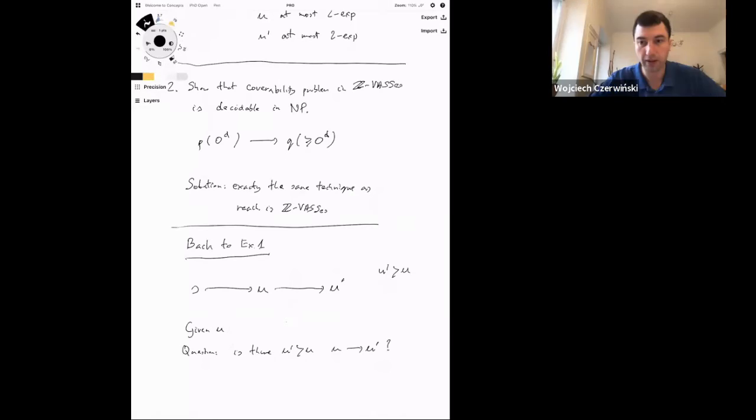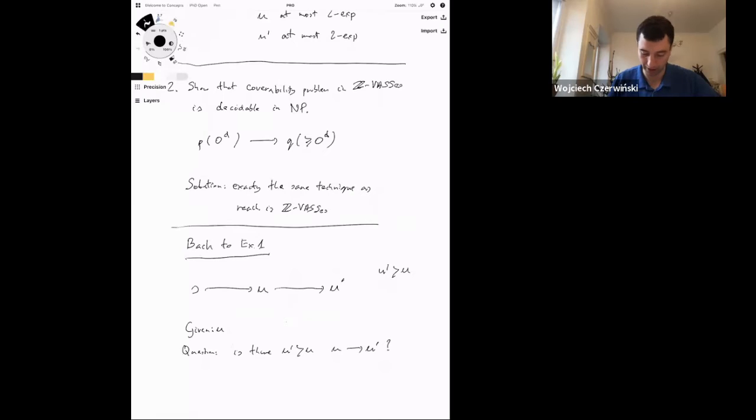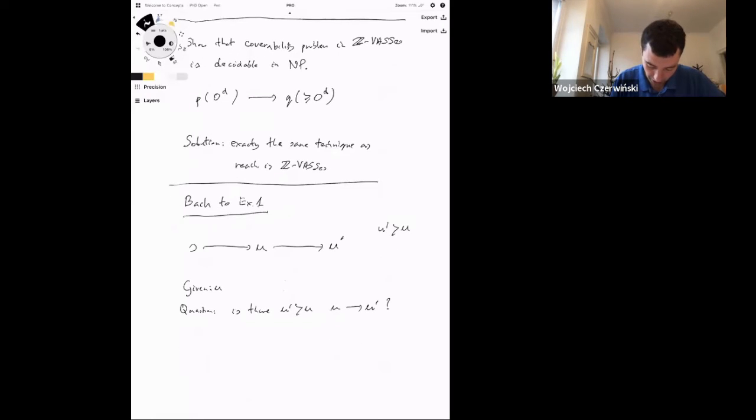In this case, we can just solve coverability for all the possible u's, which is u plus 1 in a single dimension. Exactly, this is what I wanted to express. So the solution: ask whether you can cover u plus e_i for some i.